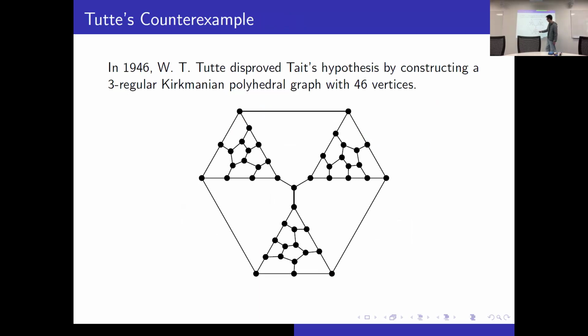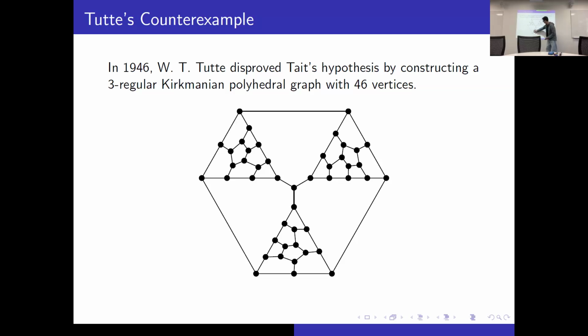If you have a Hamilton cycle, you can focus on this, and you know that I must enter here and somehow visit all vertices here and go out. You can go out by here or here, right? The property of this is that if you want to go inside and visit all vertices, it is not possible to enter here and exit here.